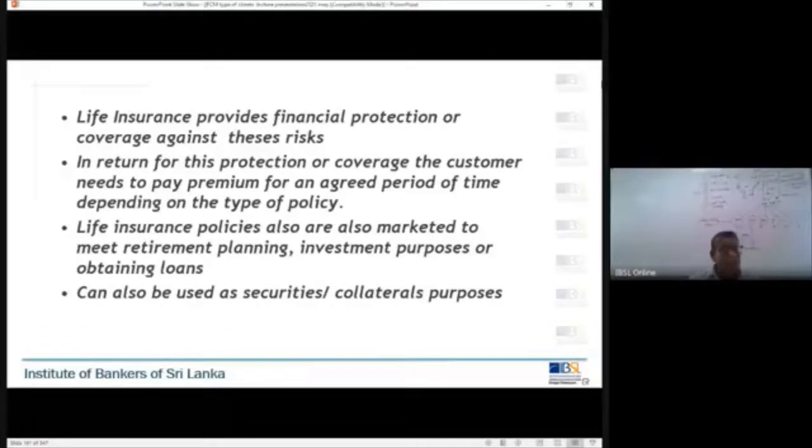Also, another important thing is insurance policies can be nominated. Therefore, the insurance policy will be nominated to the bank.